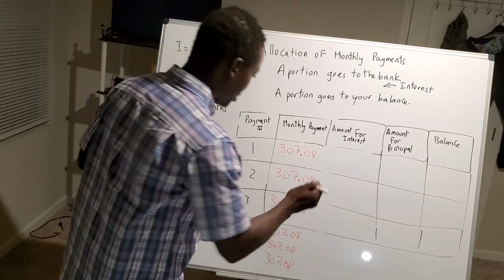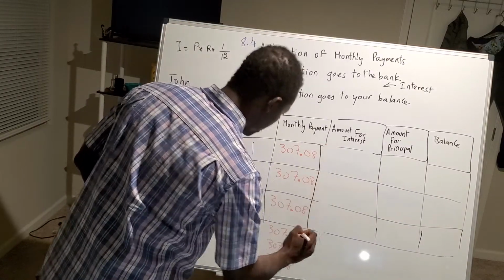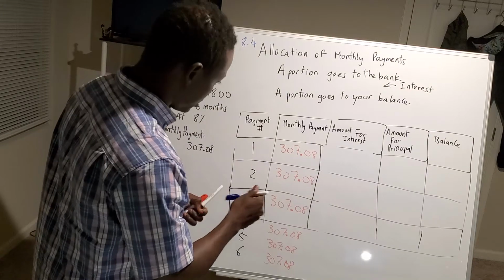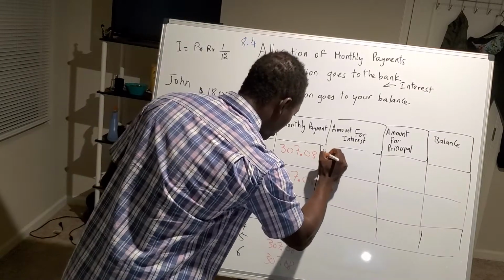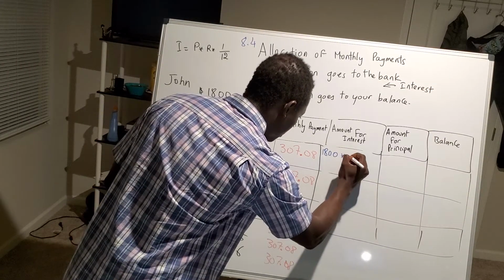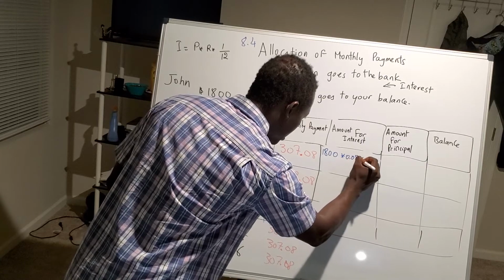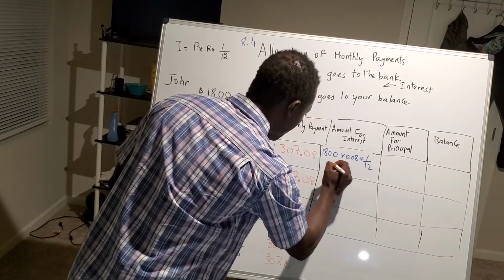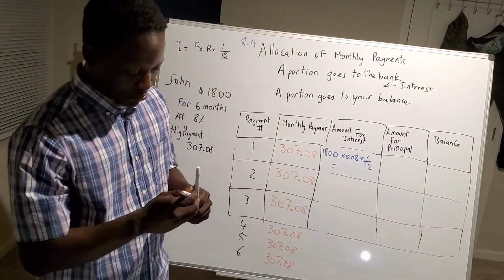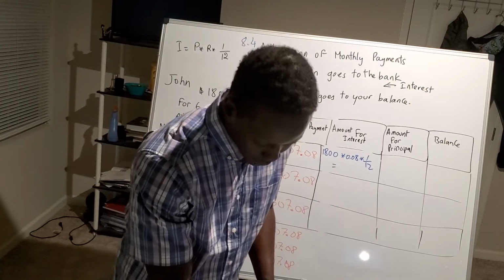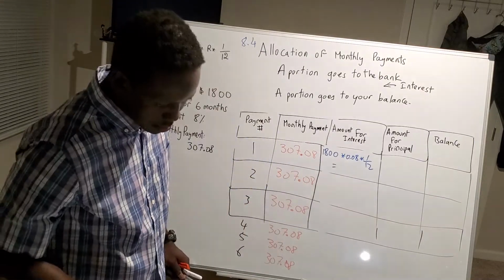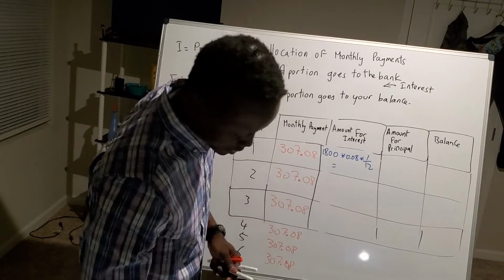So here, let's do this one. 1800 times 0.08 times 1/12. Let me use my calculator. All right, when I use my calculator, it's going to be $12.